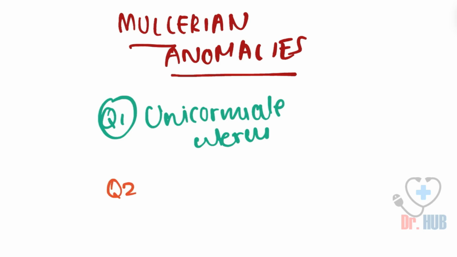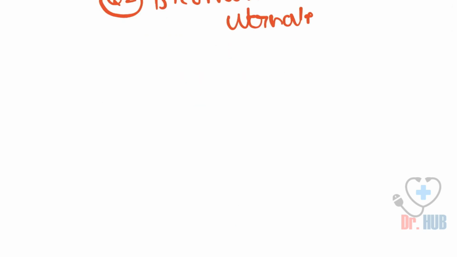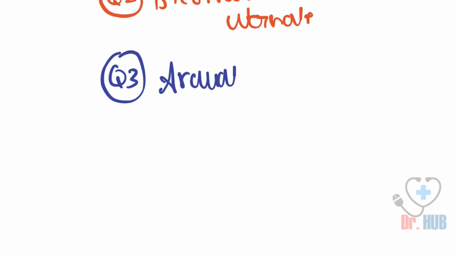The second question is, what is the bicornuate uterus? What we want to know is the reasons, the features, the treatment, as well as the complications related to them. The third question is, what is the arcuate uterus?